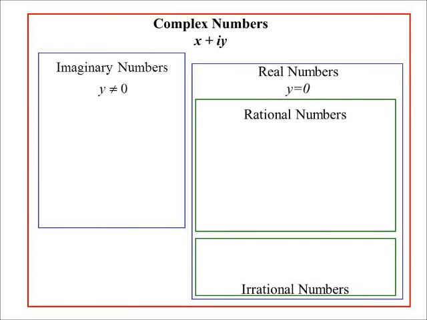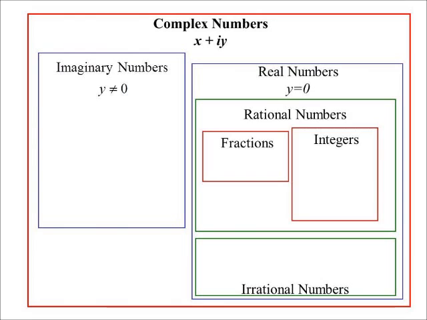Now, our real numbers we know we can break down into rational numbers, which of course are numbers that can be written as a fraction, numbers that we do know the exact value of. And then there are irrational numbers. They're the ones that we don't know the exact value of. They're the ones that can't be written as a fraction, so pi being the classic example. So inside the rational numbers, we have fractions. I guess by fractions I'm meaning where the denominator is not 1.